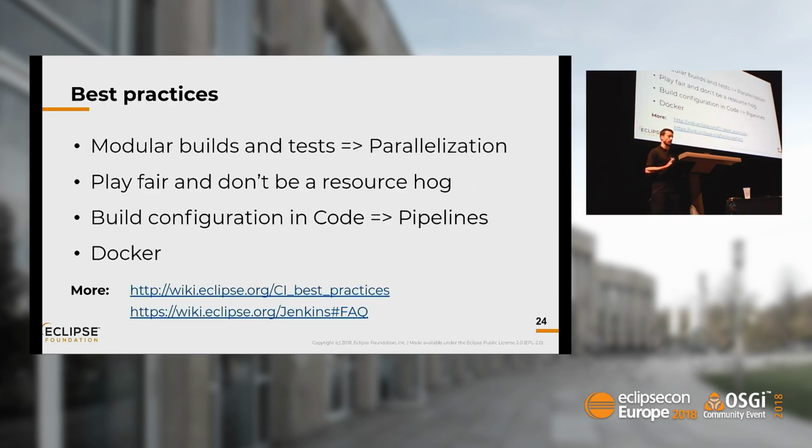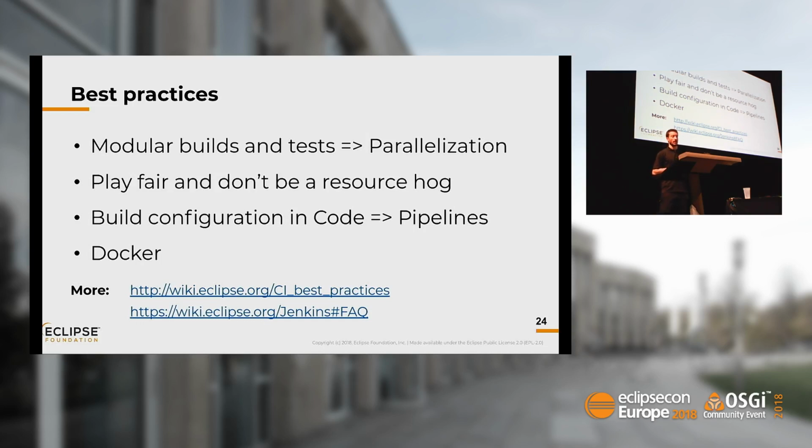So to sum it up again, the best practices are kind of in the answers that I gave already. You should have modular builds and tests, chop them up into pieces if possible, and use parallel builds. Play fair and don't be a resource hog. Share the resources and be reasonable in how often you build. Another best practice is to put your configuration in the code with the help of Jenkins pipelines.